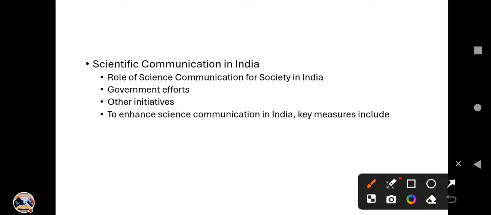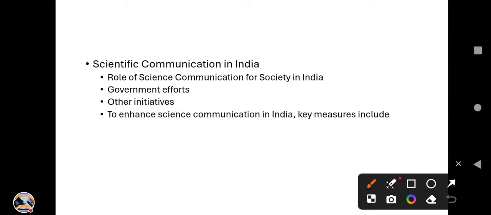It was established recently in 2021, merging two previous institutions to continue the promotion of science communication. So you should remember these government efforts to promote scientific communication.